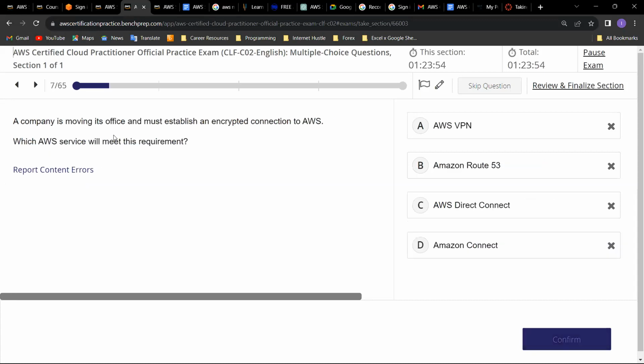A company is moving its office and must establish an encrypted connection to AWS. Which AWS service will meet this requirement? I don't know. You don't know, so choose one. You are choosing two answers. So it's moving its office and must establish an encrypted connection to AWS.